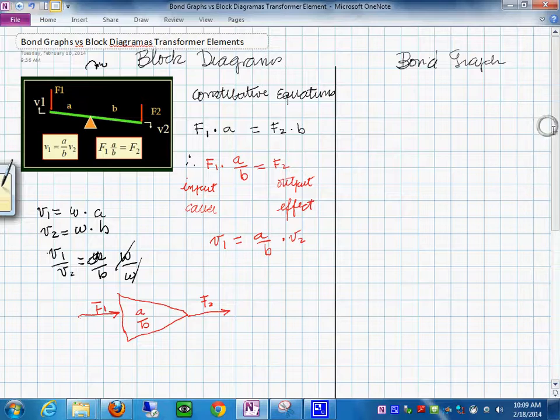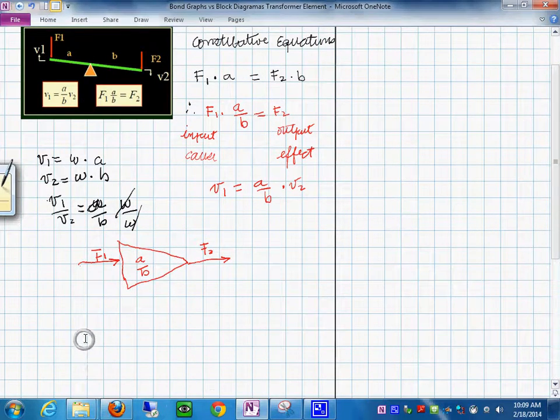But that would not be the complete picture, because we have this other transformation, and this is saying that the result v sub 1 is the lever ratio multiplied by the input, which would be, in this case, v sub 2.